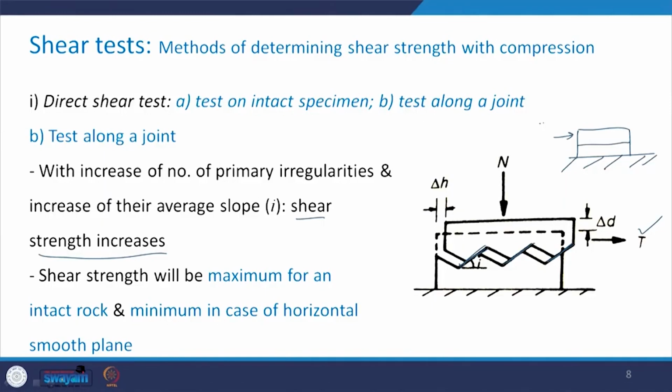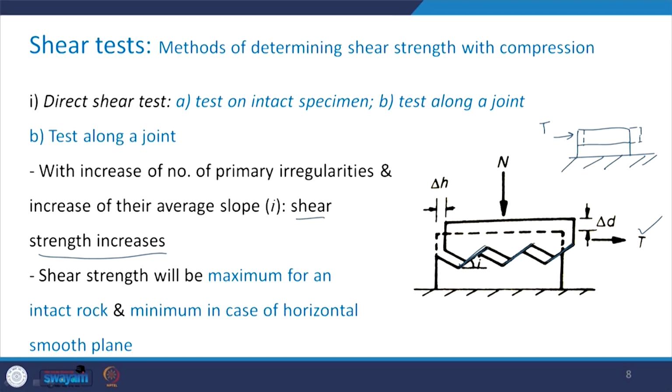Now, when we have the intact rock, the shear strength is going to be maximum, obviously, because there is no joint surface, and for the specimen to shear, one needs to apply a very large value of T. However, when you have the horizontal smooth plane, like the first case we discussed, with this T applied, this is how it is going to be displaced.